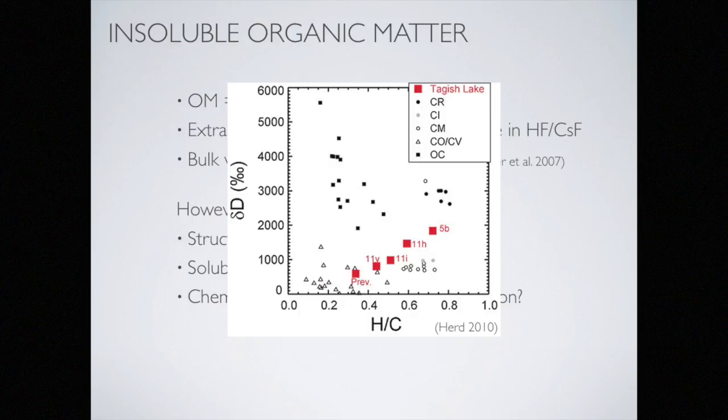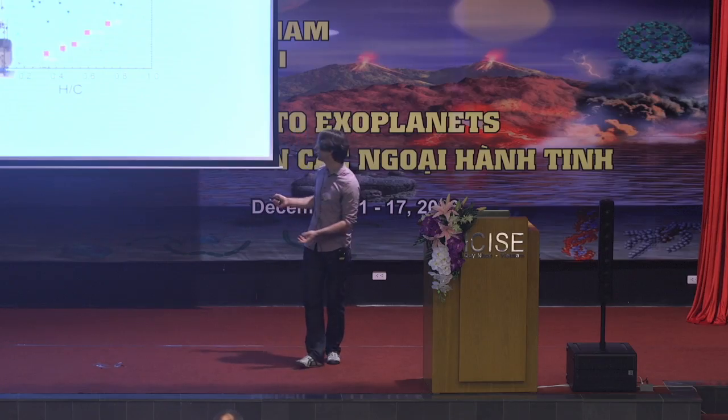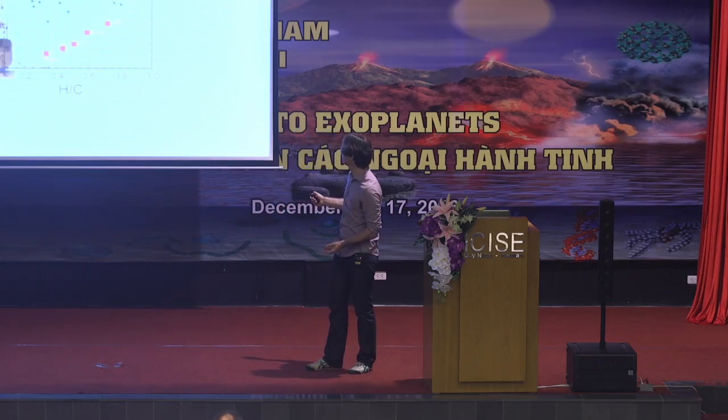And on these trend lines, whatever you plot on these axes, whether it's certain atomic ratios or isotopic enrichment, there's always a trend, and this trend signifies alteration, thermal or aqueous alteration. The meteorites that I'm mostly interested in are the CRs. They tend to be the most primitive, which means they have seen the least amount of alteration. So CR chondrites, and in this particular plot, they are over here.